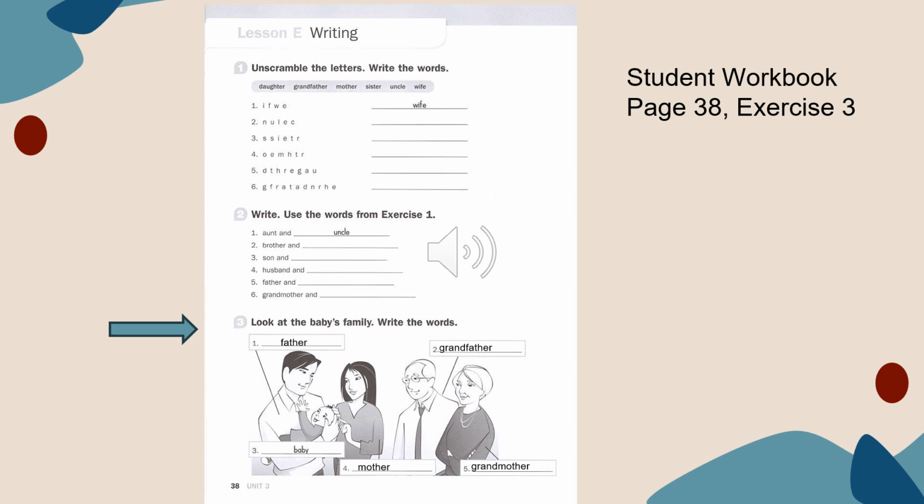The answers to exercise 3 are: number 1 is the father, number 2 is the grandfather. Look, he's older. Number 3 is the baby, number 4 is the mother, and 5 is the grandmother.